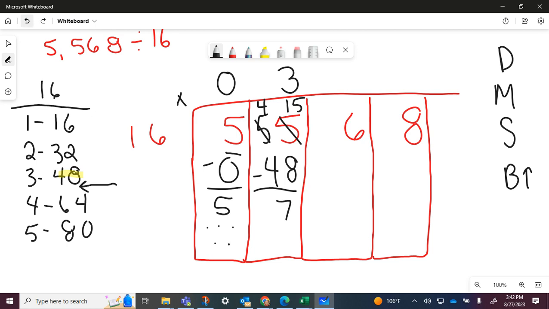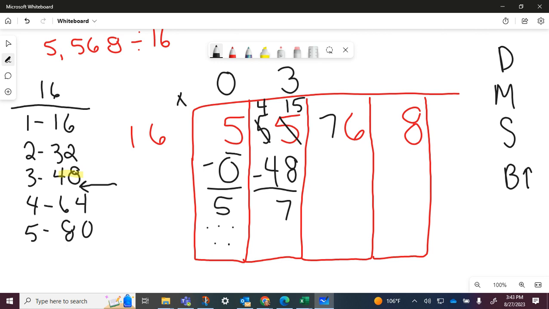And so we're going to bring that 7 up to the next box, and it's going to go in front of the 6. Now we have 76. So I'm going to come back over here because once I finish the DMSB, I start back up at the top again. It's just the same steps repeated over and over. We're just doing it kind of down as we go through this line of boxes.